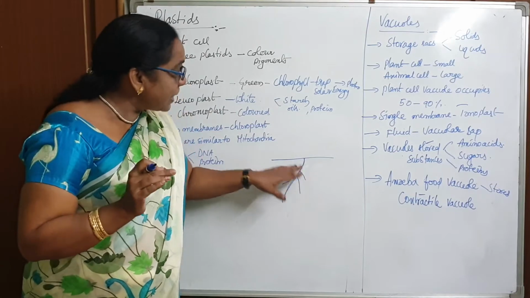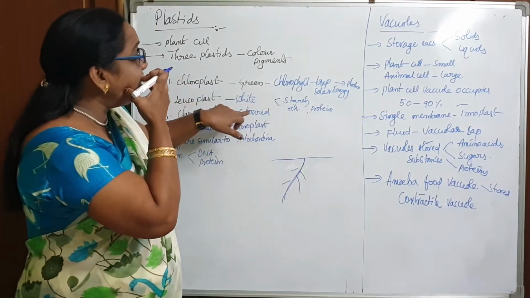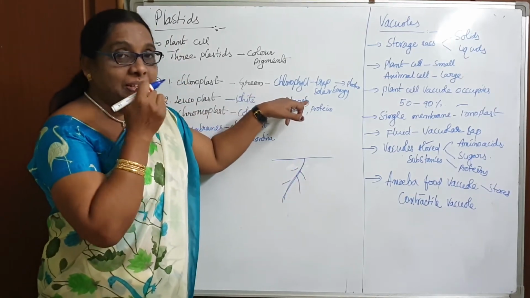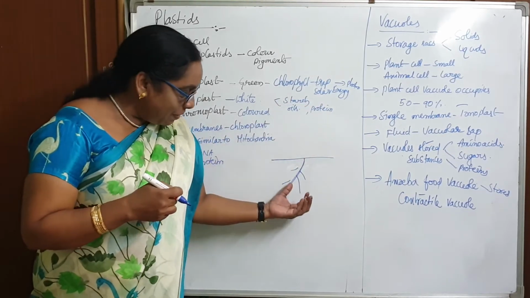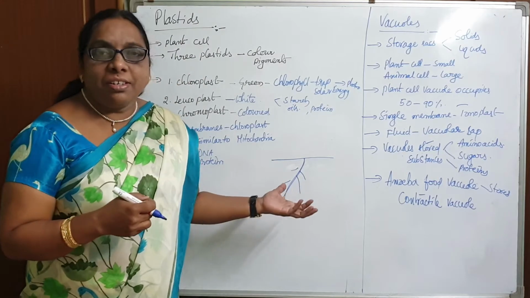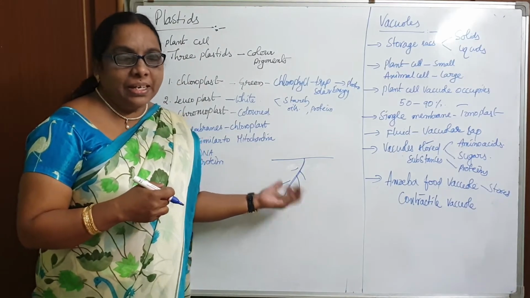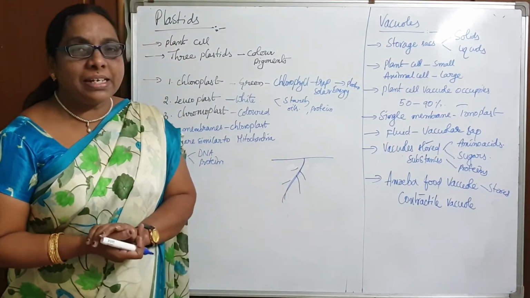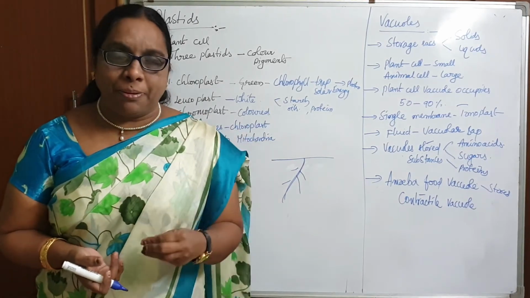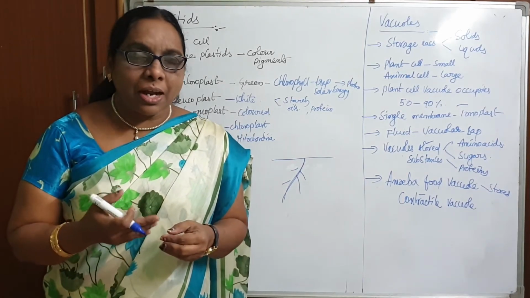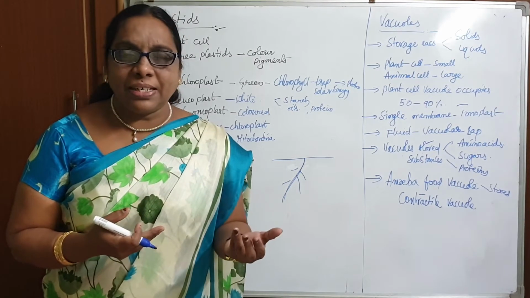The main function of the leucoplast is storage: it stores starch, protein and oil, and some roots store food products. Another example is the fruit pulp. If you cut a raw mango, it is white in color.